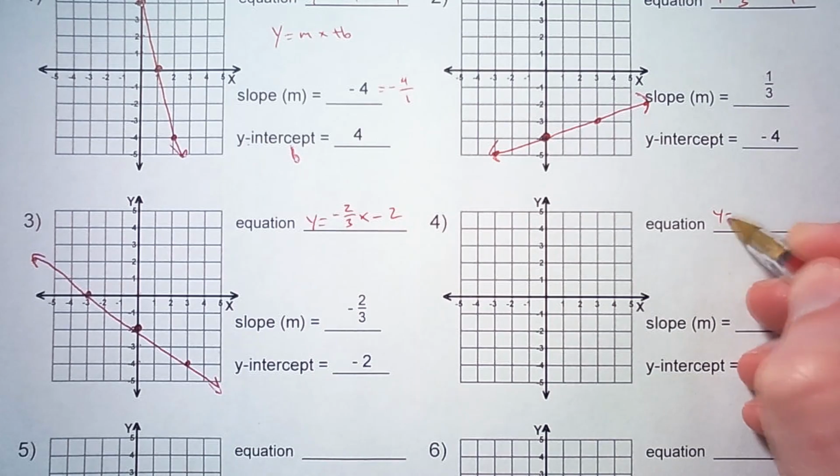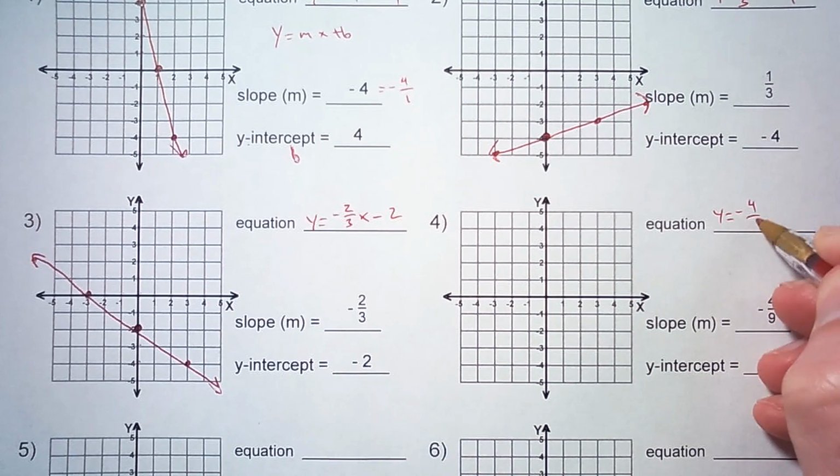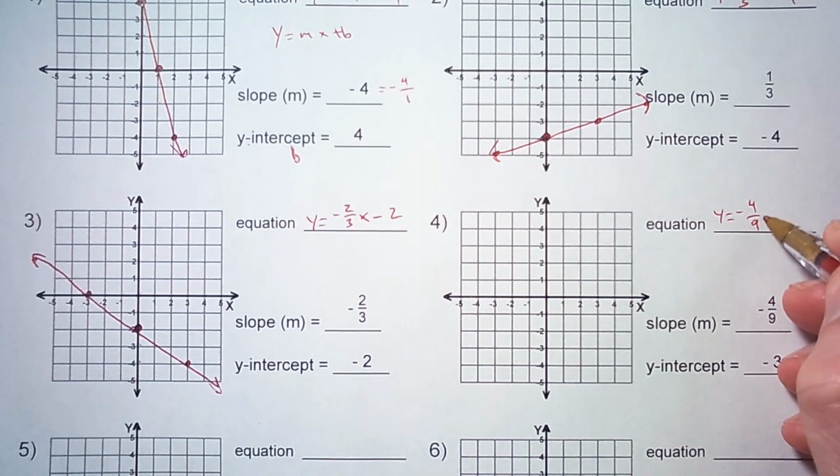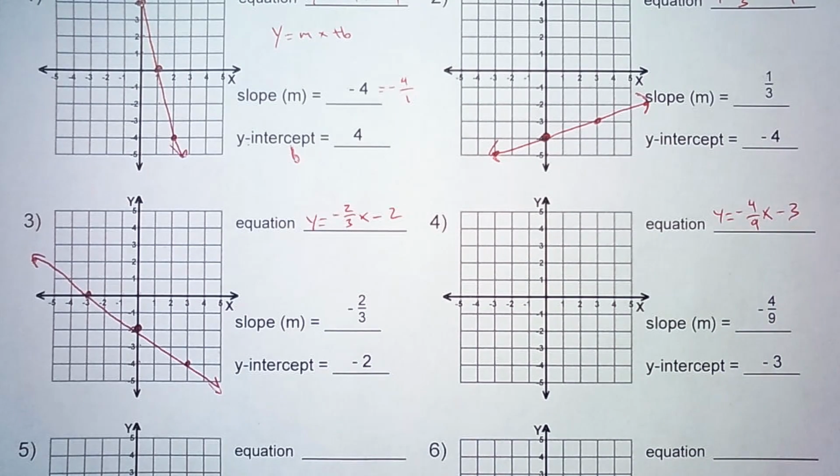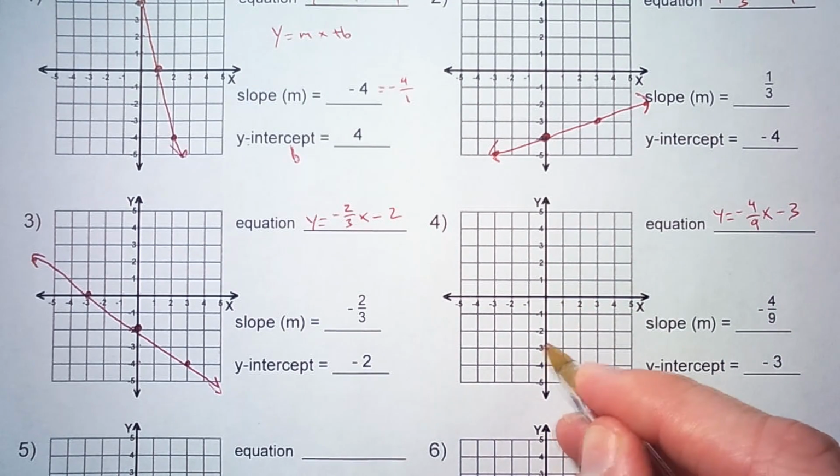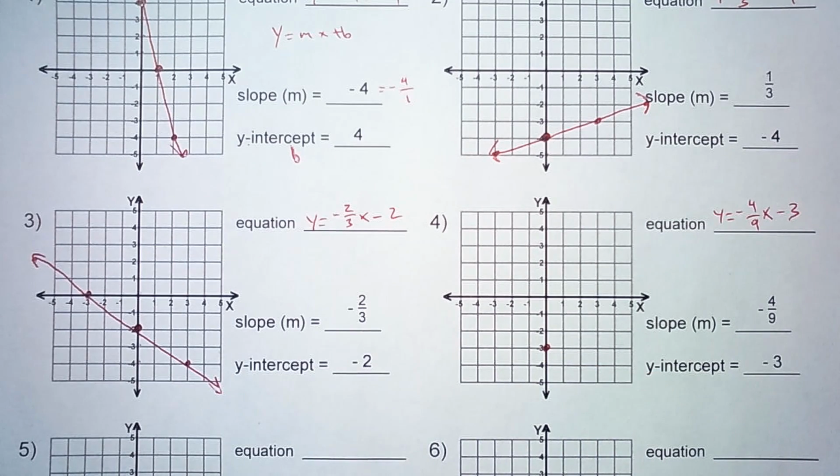Number 4, we have y equals -4/9 x minus 3. Okay, so we start down 3. Then from there we go down 4 and right 9, and I can't fit either of those on my graph. But what I could do in order to fit on this graph is go halfway.